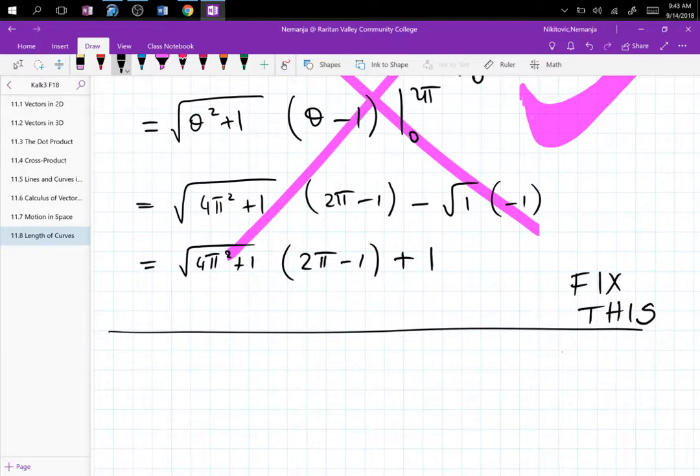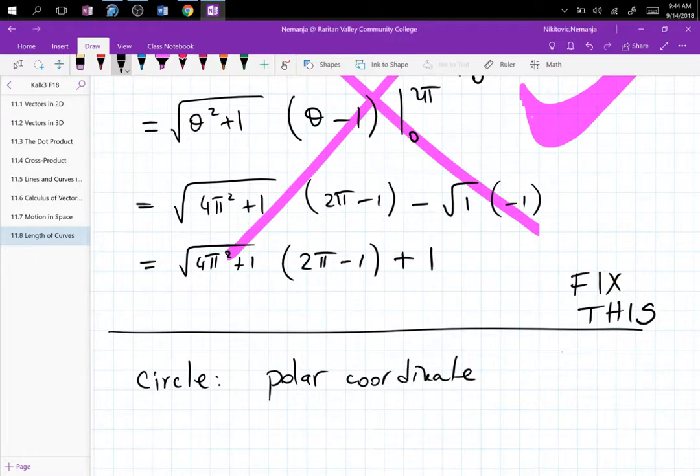Circle, so we can all just be done with this, right? A circle in polar coordinates has the formula r equal to 6.